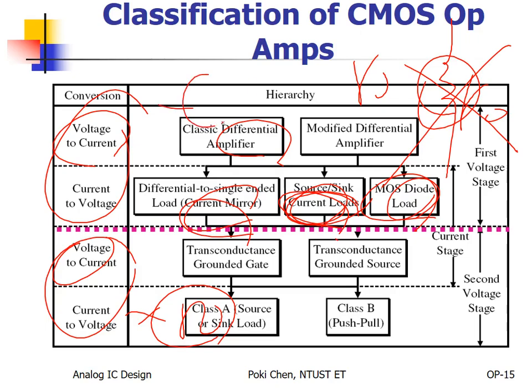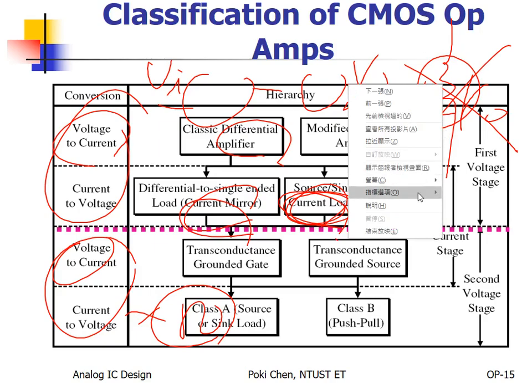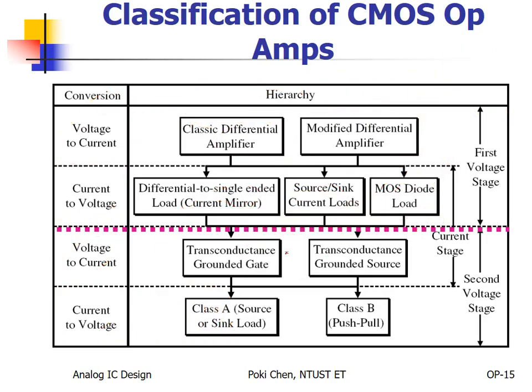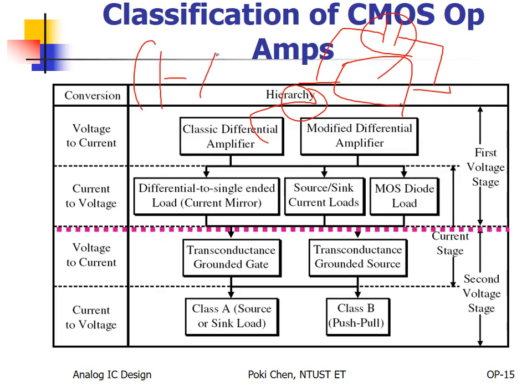From the input to the output, if there's any kind of parasitic capacitance, according to the Miller effect, if you look into the input, these capacitors will be amplified with this gain.